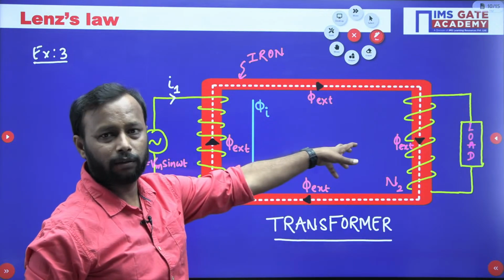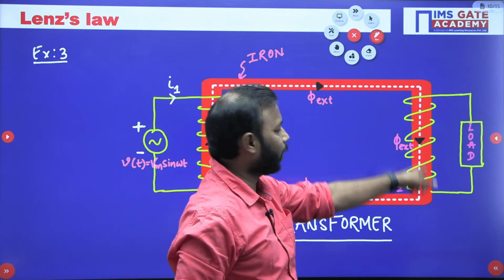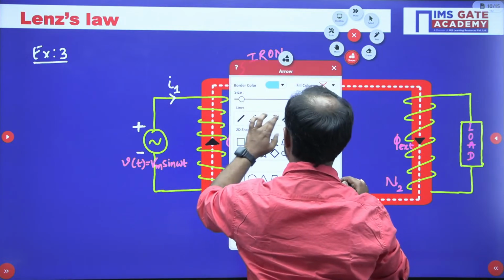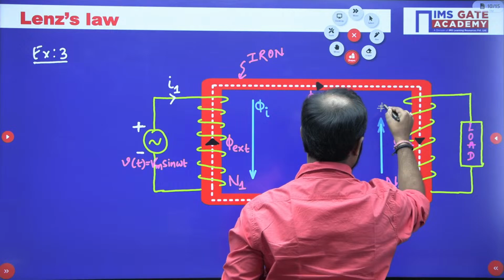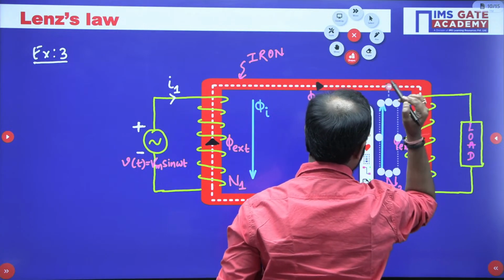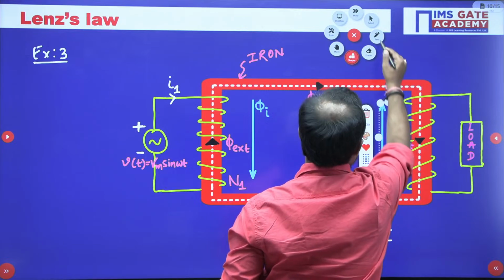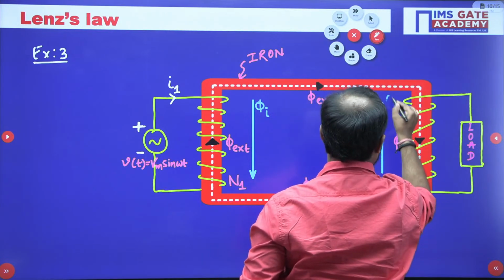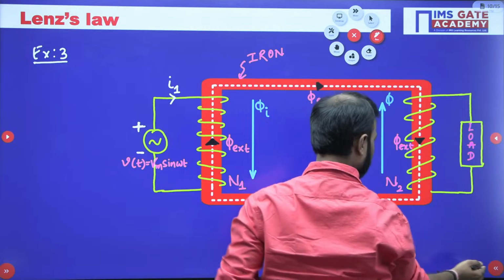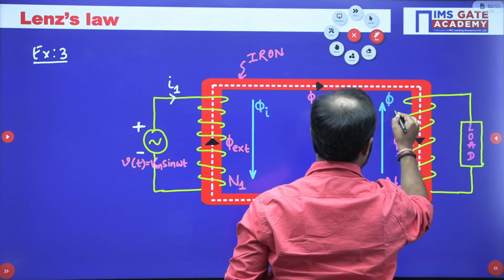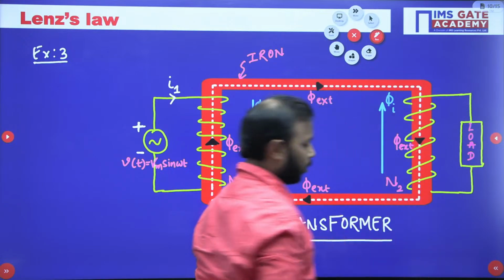What about here? यहाँ पे phi external is downward. It means that phi induced has to be upward, such that it becomes opposition. Great, excellent.